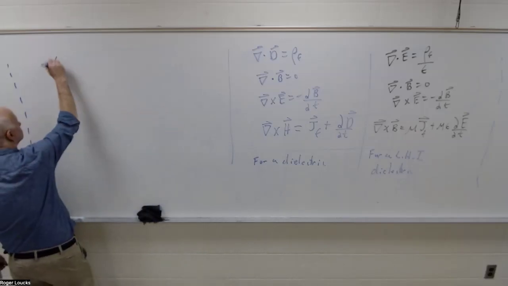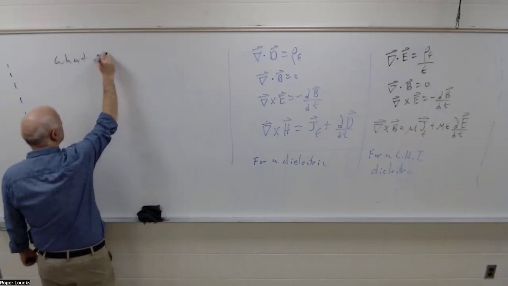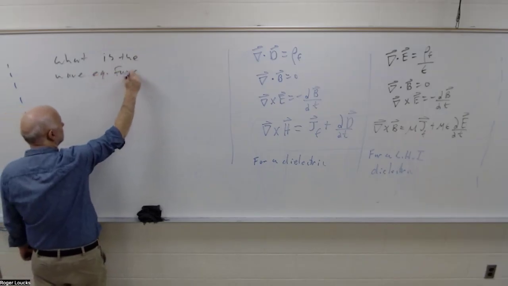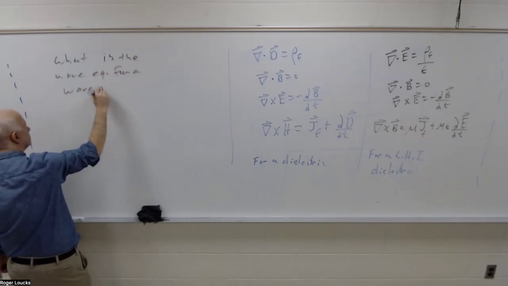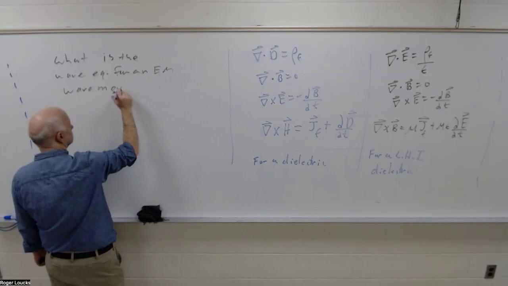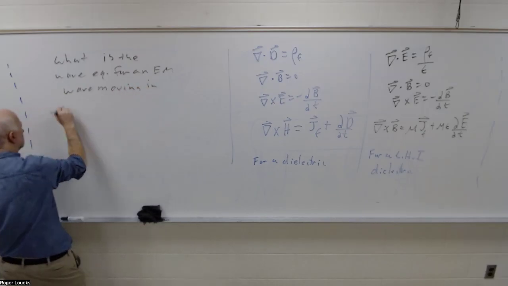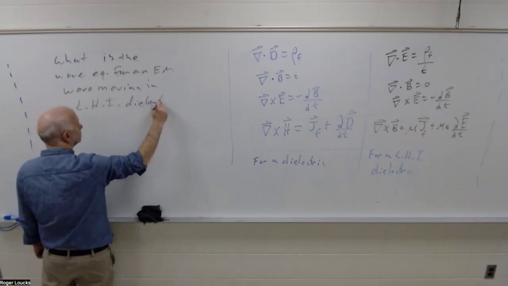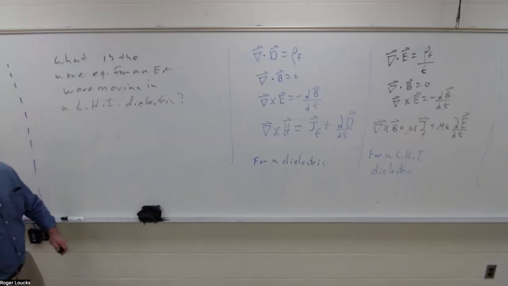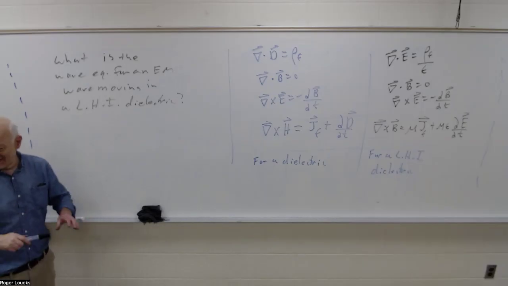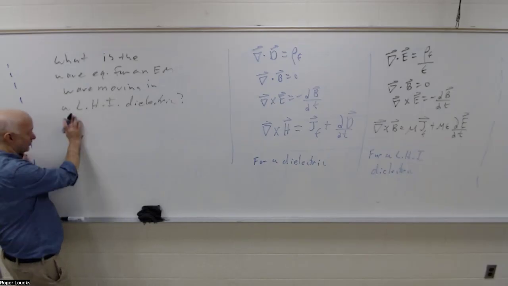So what is the wave equation for an EM wave moving in a linear homogeneous isotropic dielectric? Can we use the vector identity to find it? Tell me what it is.